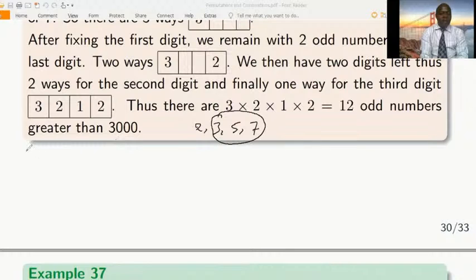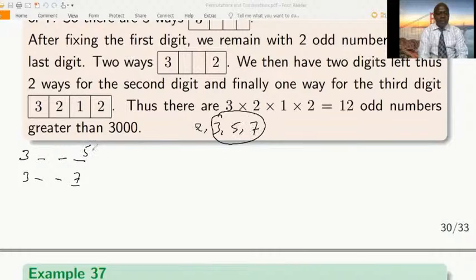Let me take it to be 3. If the first digit is 3, then the last digit could be 5 or the last digit could be 7, because the last digit is supposed to be odd.